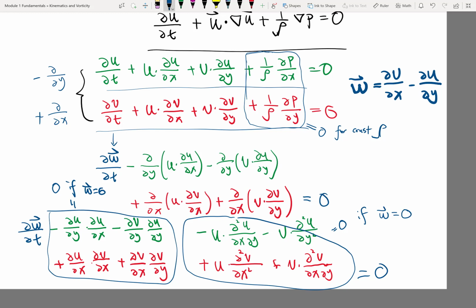So basically, what you can derive is that the material derivative of vorticity is equal to 0, if you have no viscous forces.